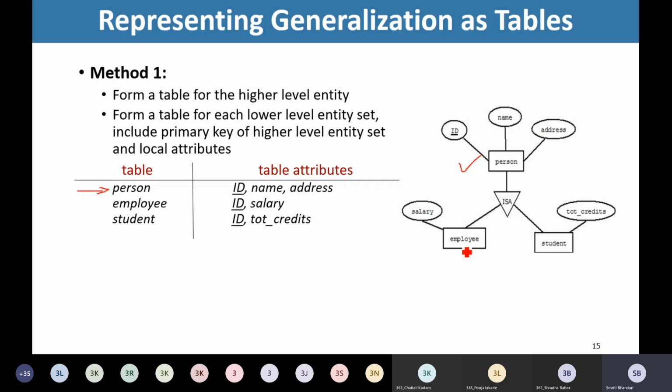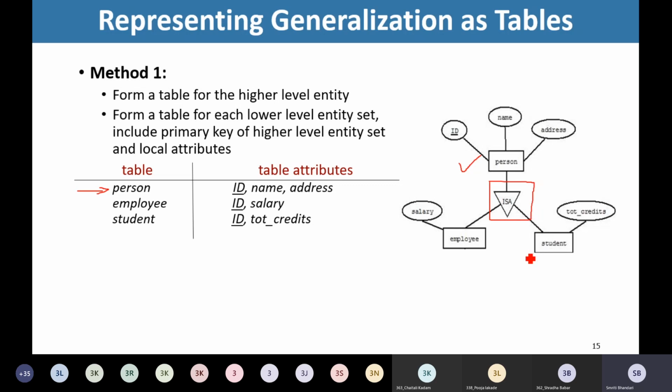Now, what I will do next: employee and student are the lower level entity sets. And as we have discussed earlier, all the attributes of the higher level entity set are inherited by the lower level entity sets. And this has been depicted here with this ISA relationship.